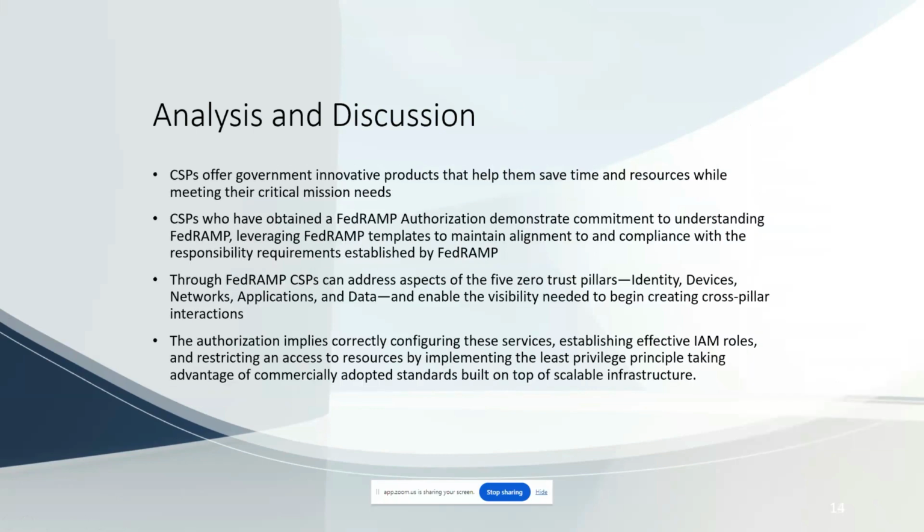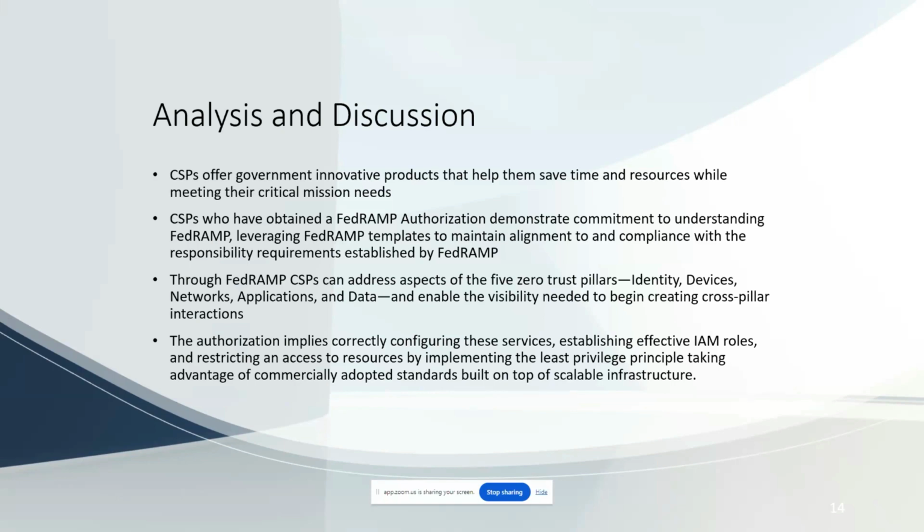Cloud service providers offer government innovative products that help them save time and resources while meeting critical mission needs. A cloud service provider that obtained a FedRAMP authorization demonstrates commitment to understanding FedRAMP, leveraging FedRAMP templates, and maintaining compliance with federal regulations.